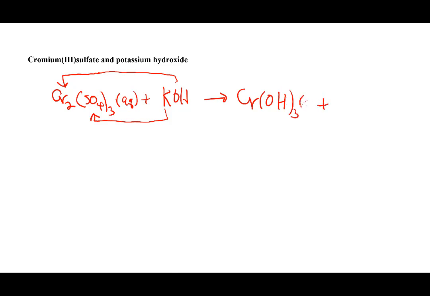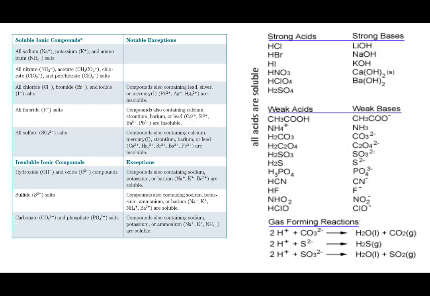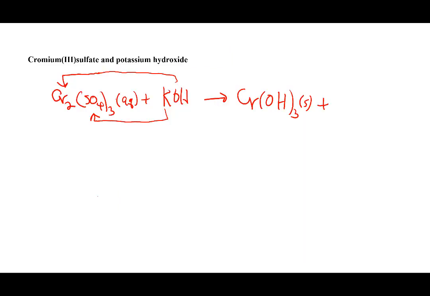And that's going to be a solid because hydroxide salts are generally insoluble, and chromium is not an exception to that. And then we're going to make potassium sulfate, K2SO4, because sulfate's 2 minus, potassium is 1 plus. Potassium sulfate will be soluble because it's a sulfate salt. That's a potassium salt.